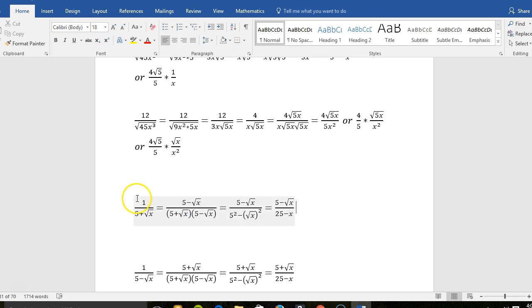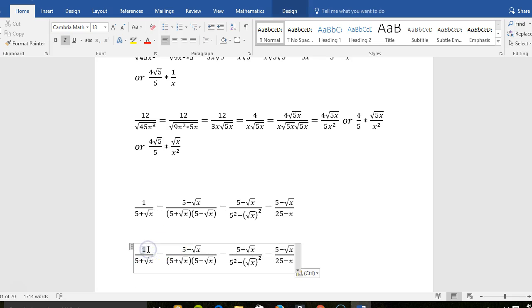And just for the sake of completion, allow me to insert another example. What if this would have been a 2? Then you would have just had 2 times this guy right here. Excuse me while I type. So we got 2 times this guy right here. And then you distribute the 2 on through, and you will get 10 minus 2 radical x over the same denominator.